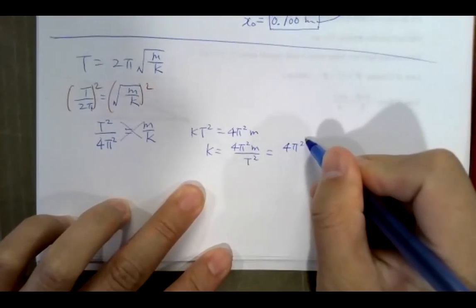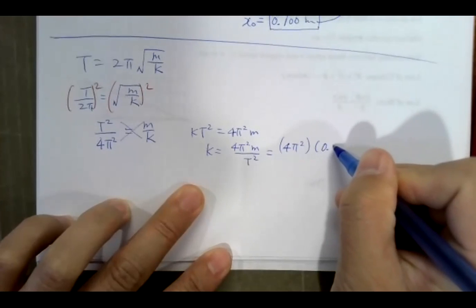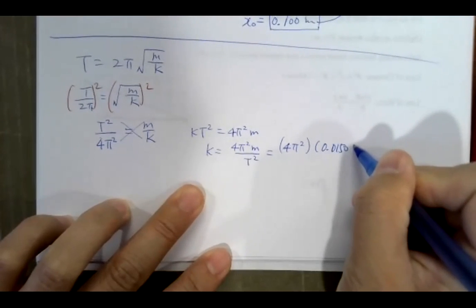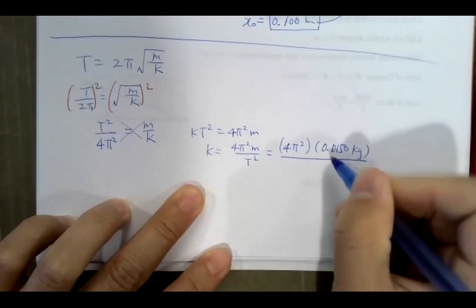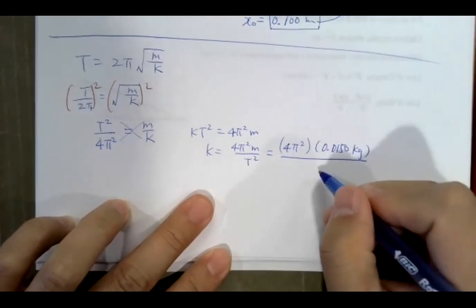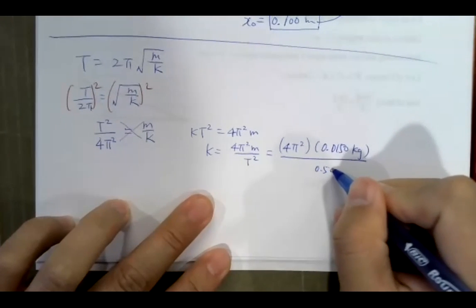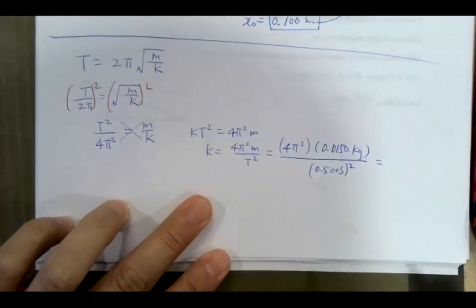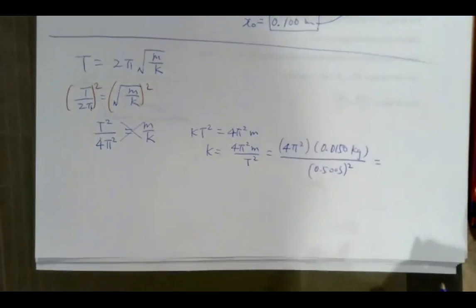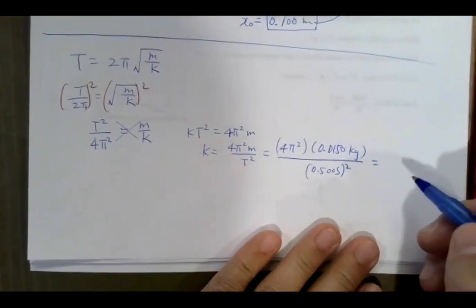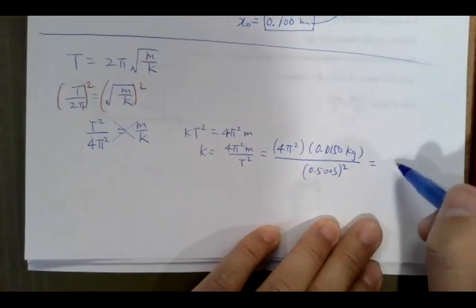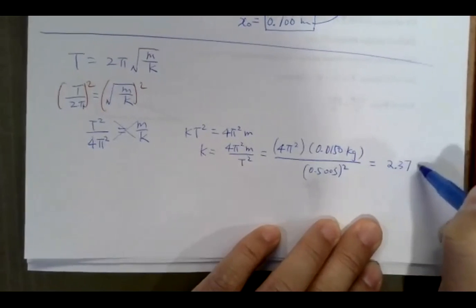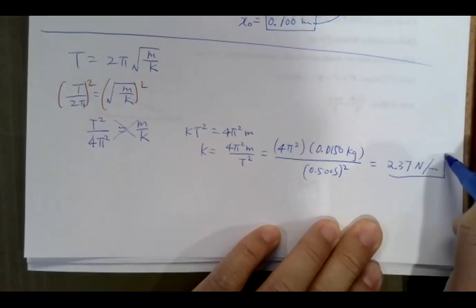So 4 pi squared times the mass 0.0150, then divide by the T squared, 0.5 seconds squared, okay? So this will give you 2.37 newtons per meter, okay?